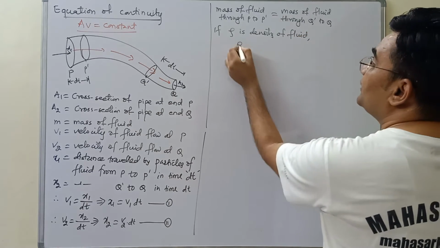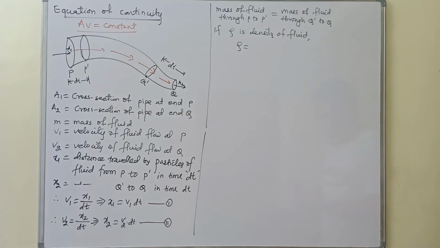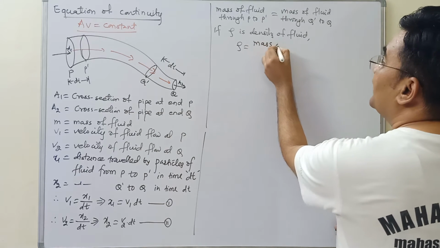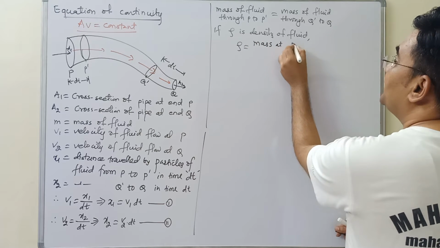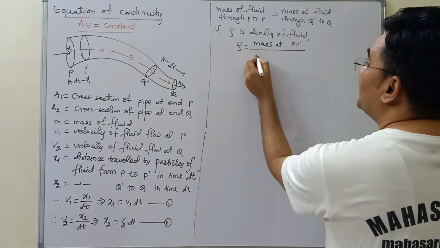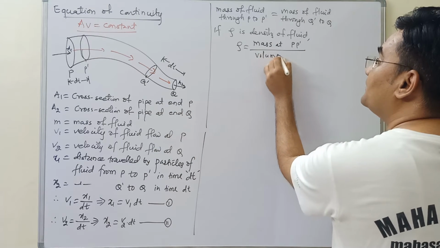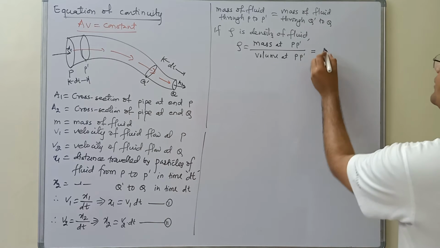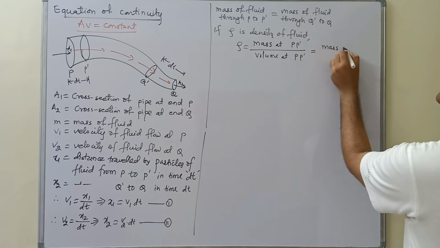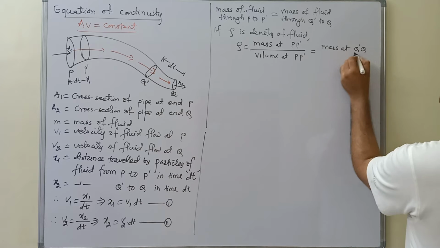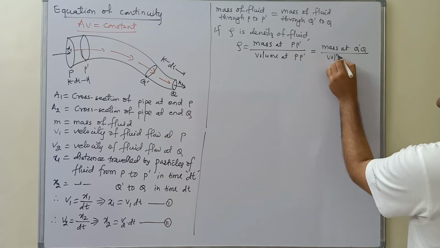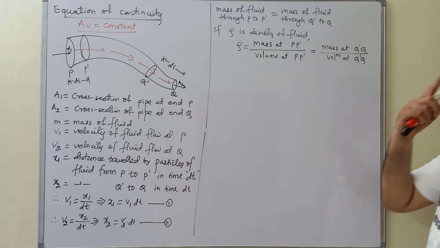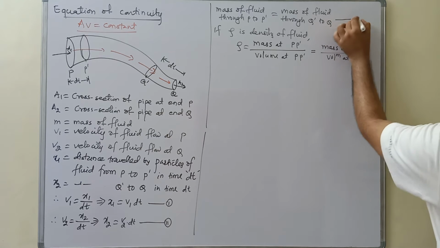then what will be the formula? Rho is equal to mass at P dash divided by volume at P dash, or equal to mass at Q dash Q divided by volume at Q dash Q. So I will consider this as equation number 3.